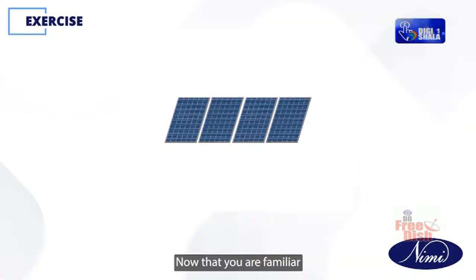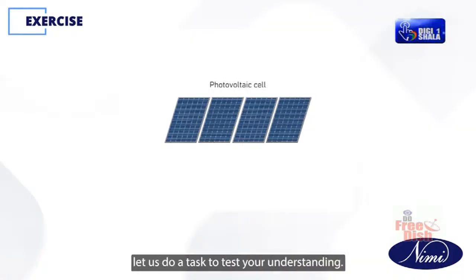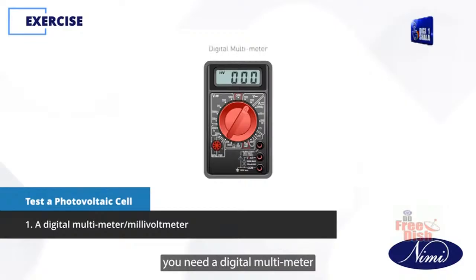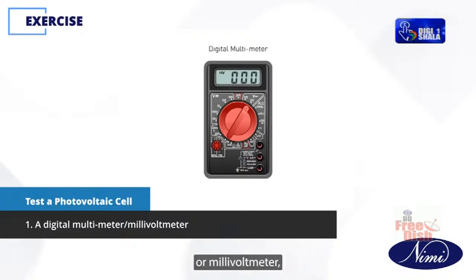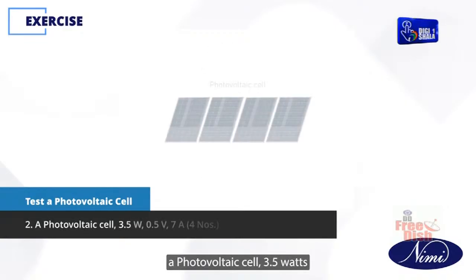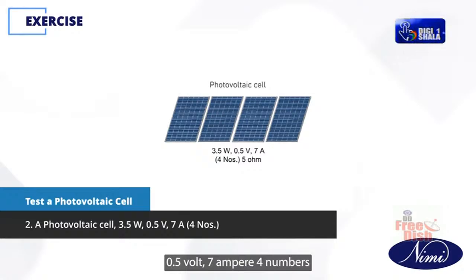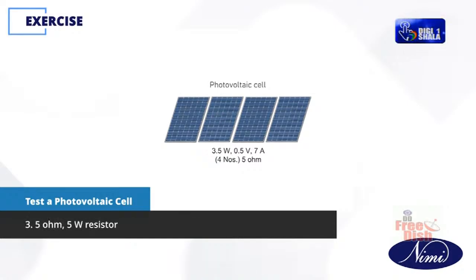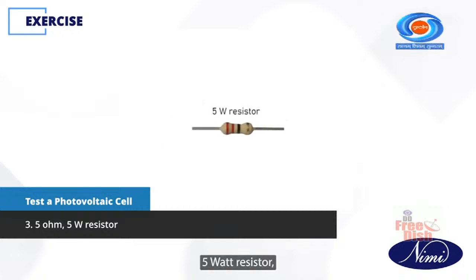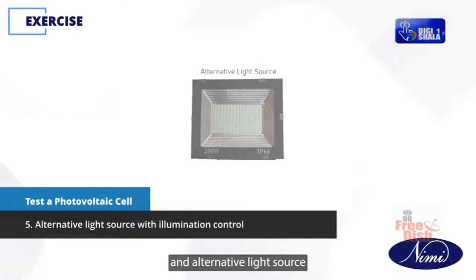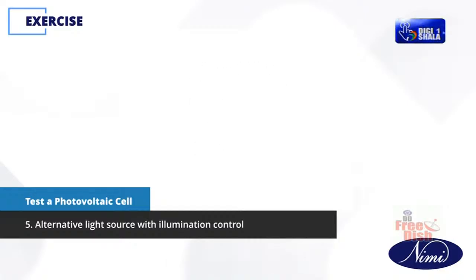Now that you are familiar with the photovoltaic cell, let us do a task to test your understanding. To perform this task, you need a digital multimeter or millivoltmeter, a photovoltaic cell, 3.5 watts, 0.5 volts, 7 ampere, 4 numbers, ohm, 5 watt resistor, sunlight, and alternative light source with illumination control.